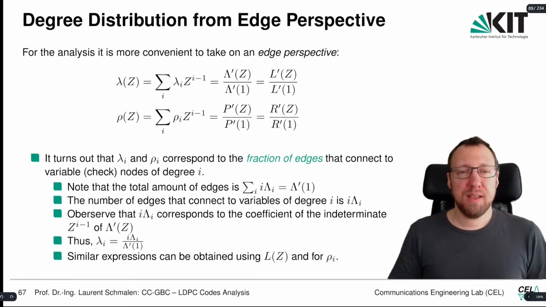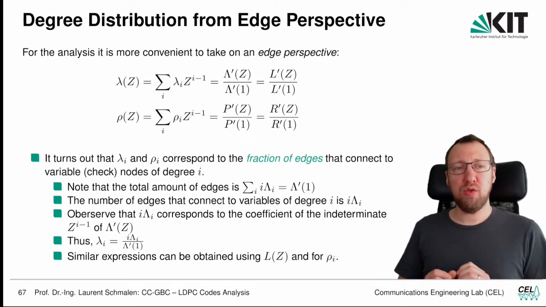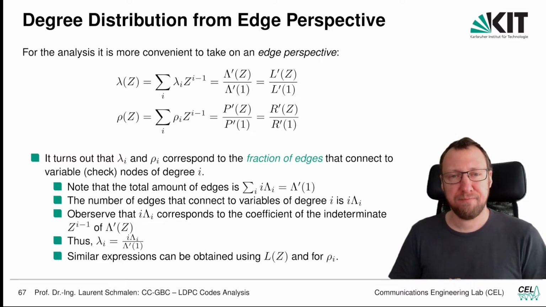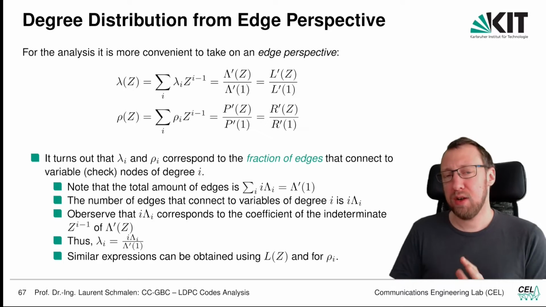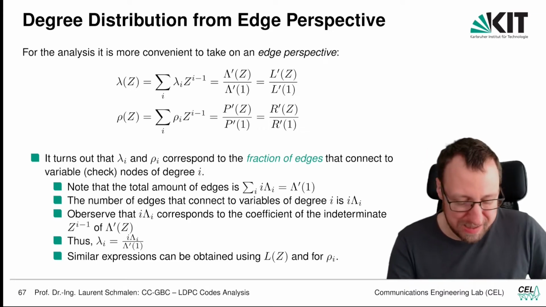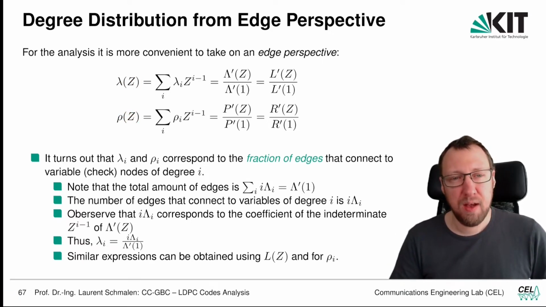Okay, so now we introduce something that is slightly different. We introduce the degree distribution from an edge perspective. And that one is going to be a little bit more interesting for the analysis. So we introduce polynomials lambda of Z and rho of Z in the following way.